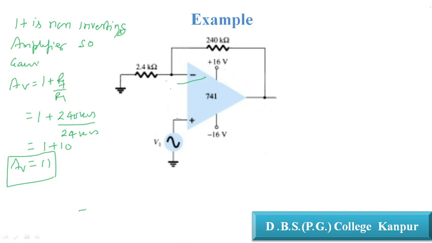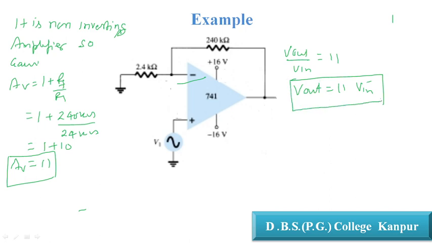Vout upon Vin equals 11. So Vout is 11 into Vin, which means the output. You are getting an output 11 times the input voltage.